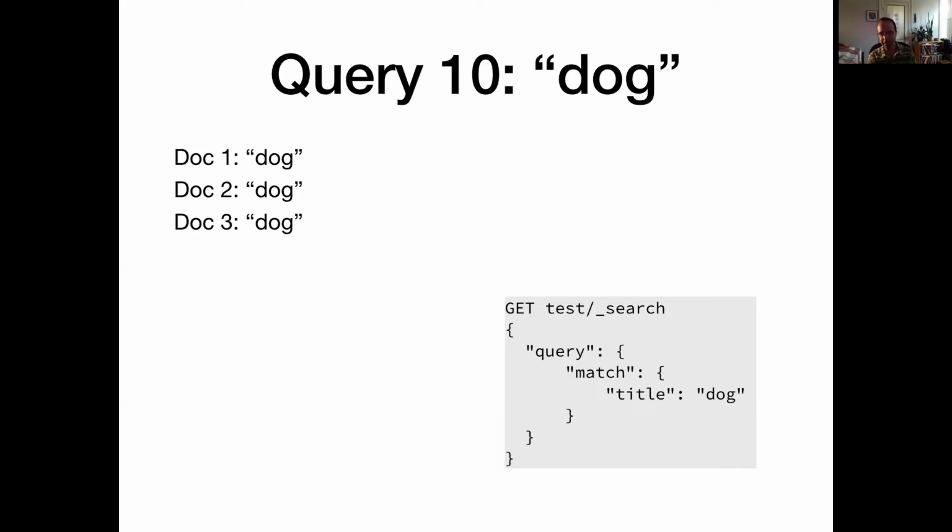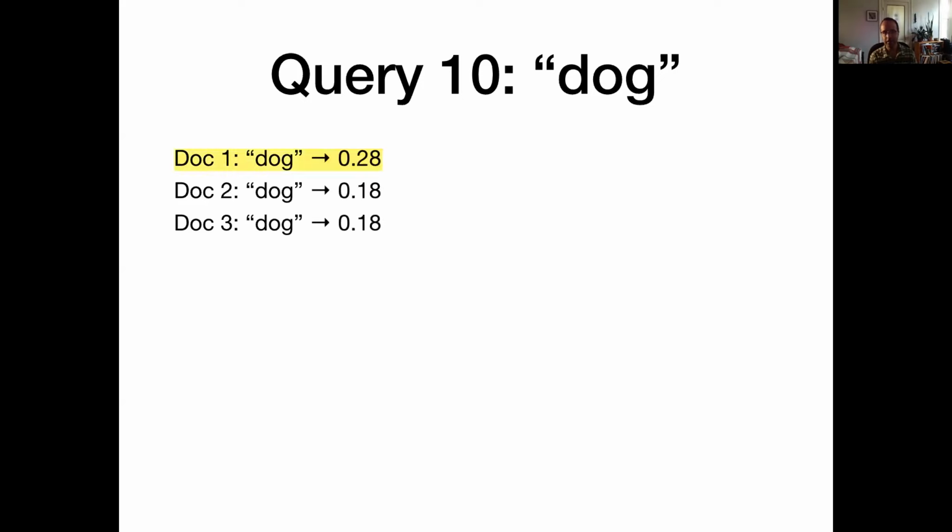I would hope to see a tie here. But in fact, when I executed this query, document 1 got a score of 0.28, and the other documents got a score of 0.18. So the question is, how is this possible?